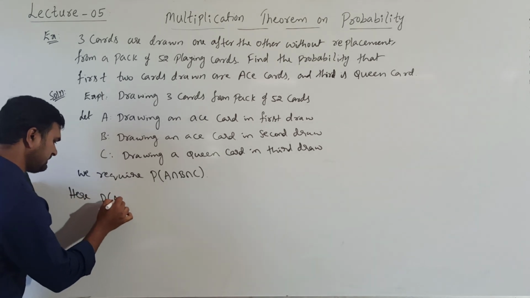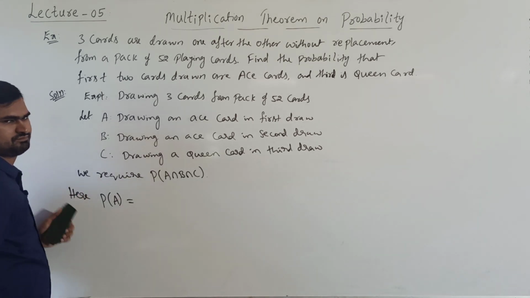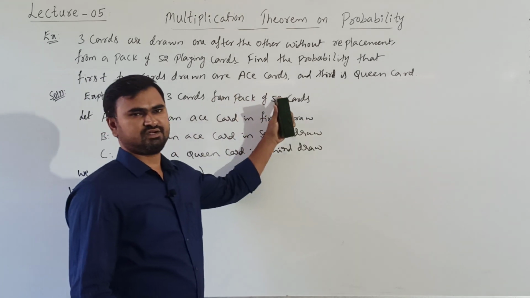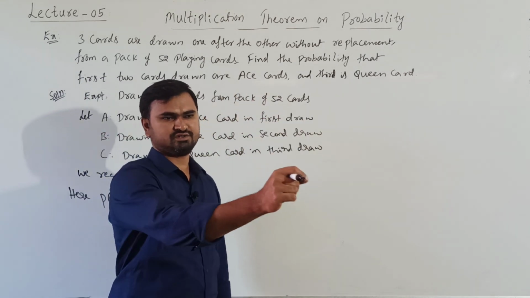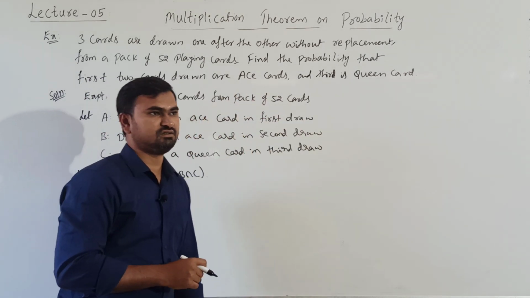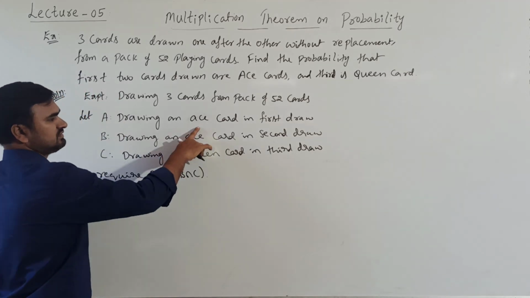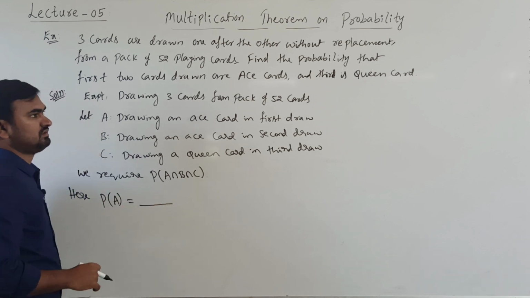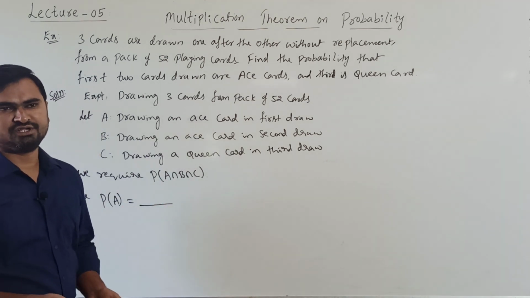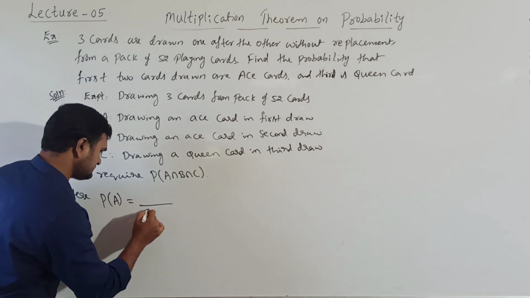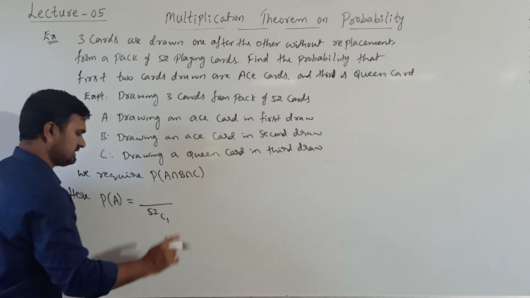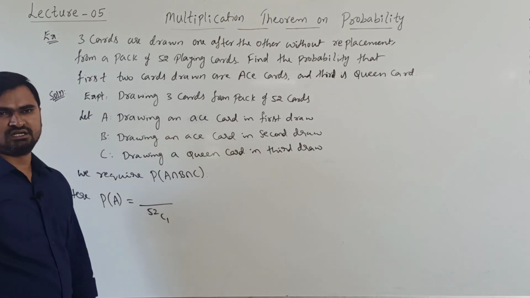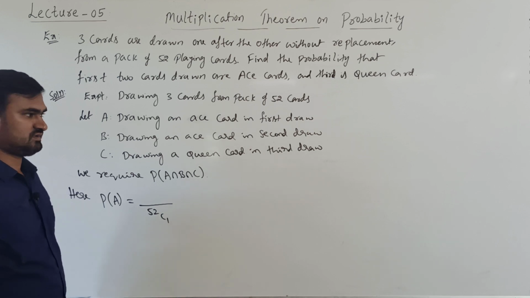What is the probability of occurrence of A? For the first event there is no condition. First we are drawing one card under no condition. What is the probability that it is an ace card? At the start there are 52 cards, and we are drawing one card, so the denominator is the total number of cases, 52C1.